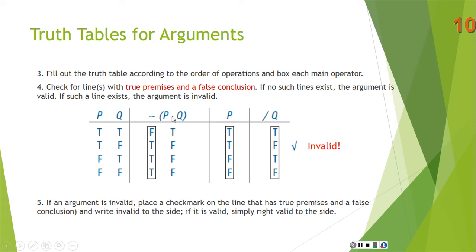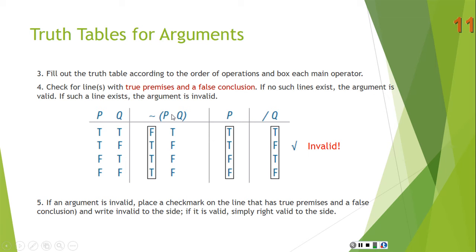So how did we do TFFF? Well, it's a conjunction. When P is true and Q is true, the conjunction comes out true. When P is true and Q is false, the conjunction comes out false. When P is false and Q is true, the conjunction comes out false. When P is false and Q is false, the conjunction comes out false. And then, how do we figure out this tilde? Well, it's a negation of a conjunction.